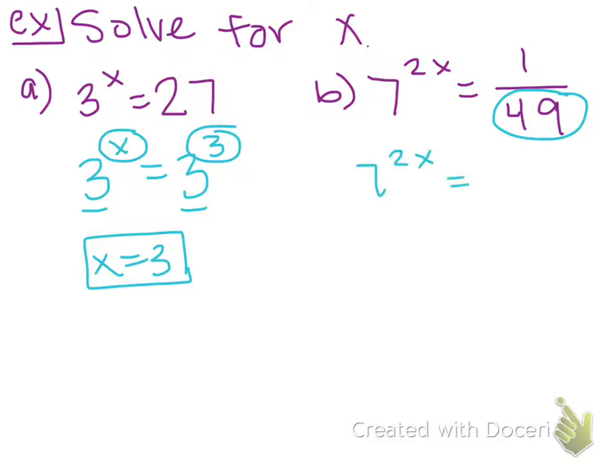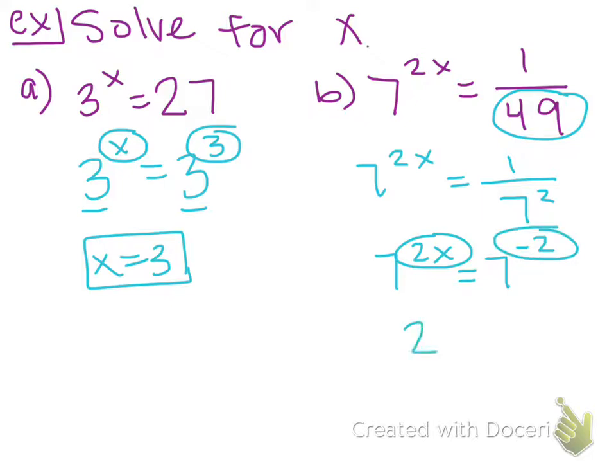So 49 is 7 squared. To get it out of the denominator and bring it up, I will make it 7 to the negative 2nd power. And now the 7s are the same. We set our exponents equal. 2x equals negative 2. Divide both sides by 2, and x equals negative 1.